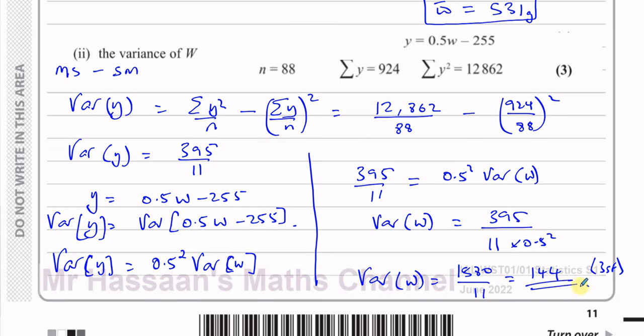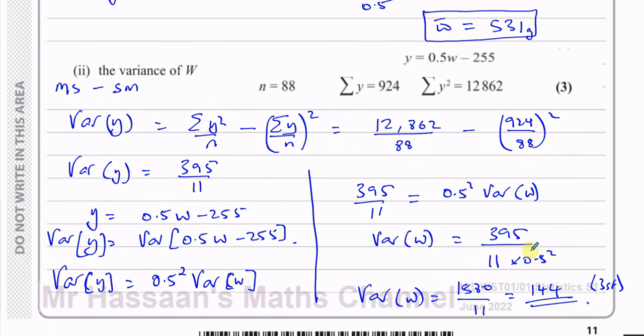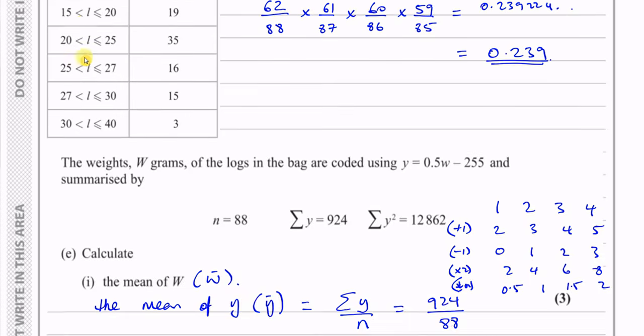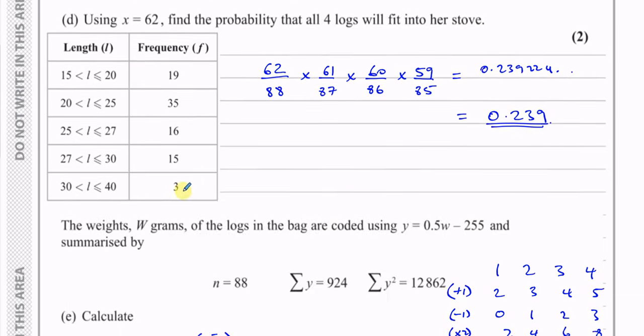Okay, that's the variance of w in this question. So that's the answer to part 2 for question 3E. And that concludes this question. I hope that was clear.